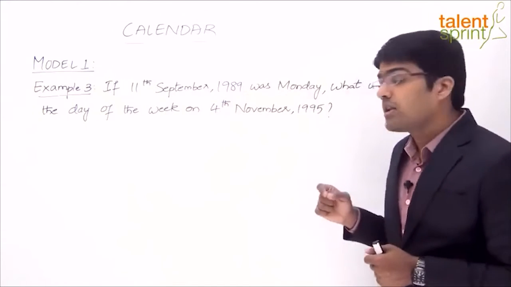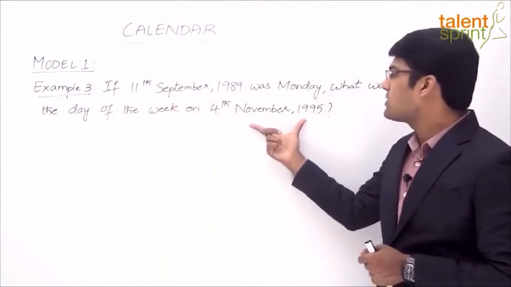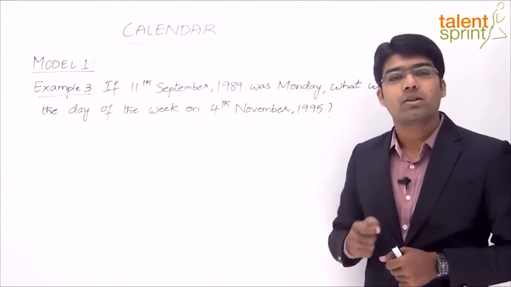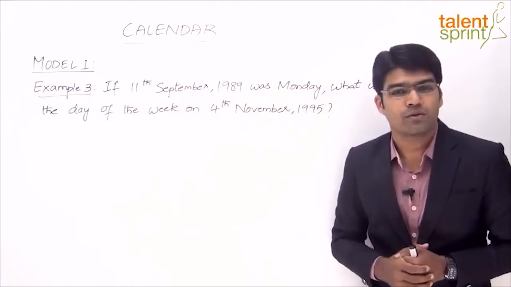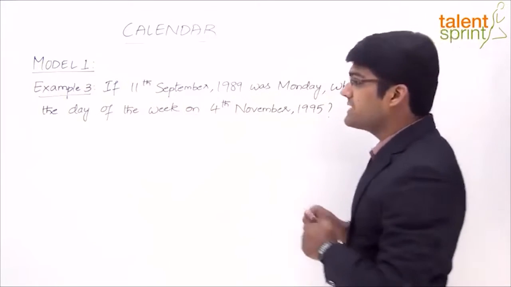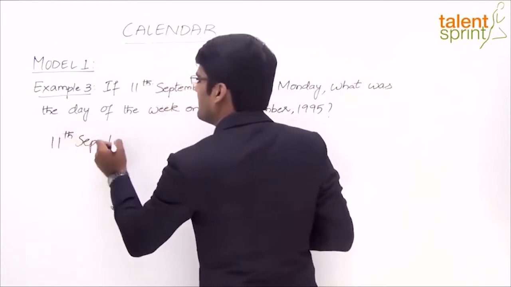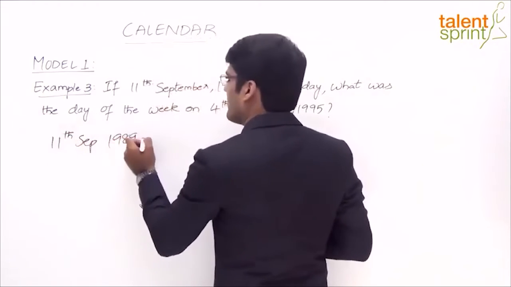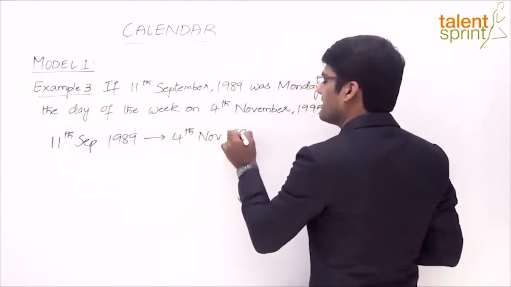Instead, we'll find out the number of odd days in the period of 11th September 1989 to 4th November 1995. And based on this number of odd days, we can find out the day of the week for 4th November 1995. So let us calculate the number of odd days from 11th September 1989 up to 4th November 1995.